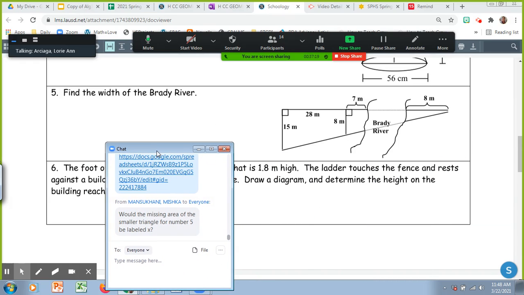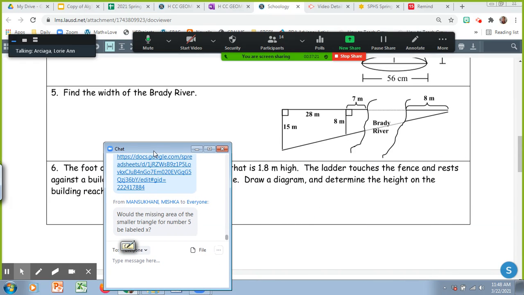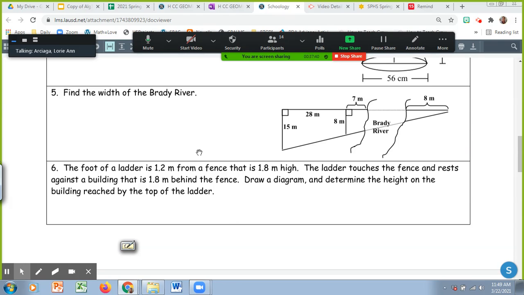When you come up with your proportions, some of them would be expressions like something plus X. So Mishka had a great idea of representing this part as X. That means when you get the base of that triangle, it's going to be an expression, right?